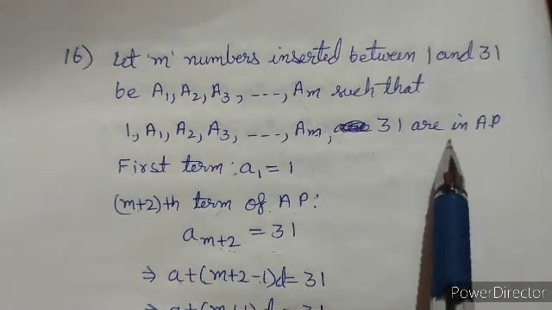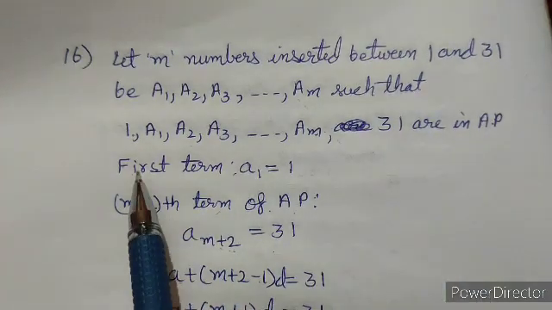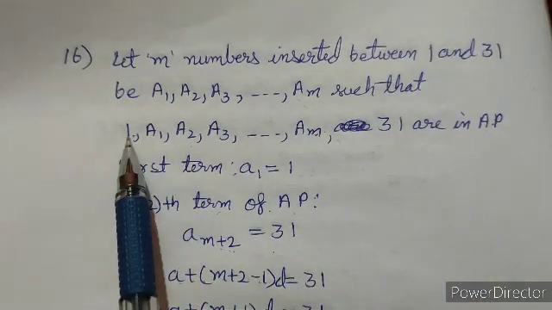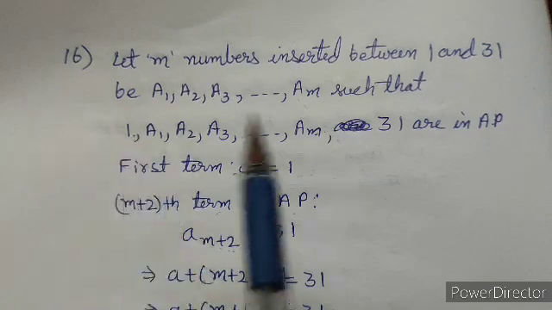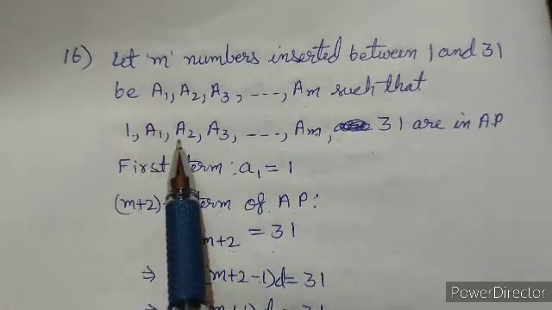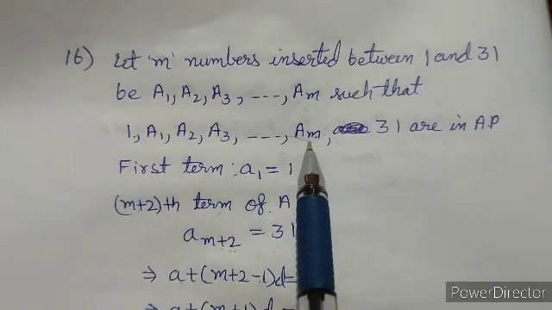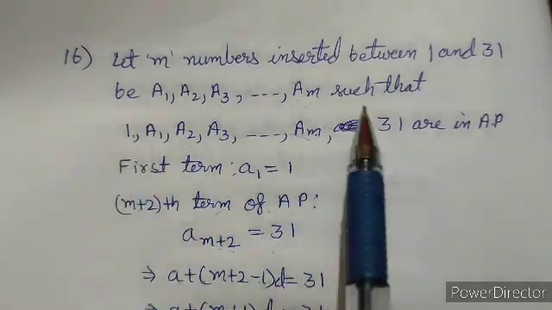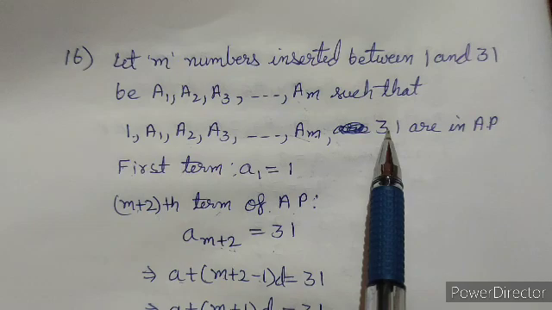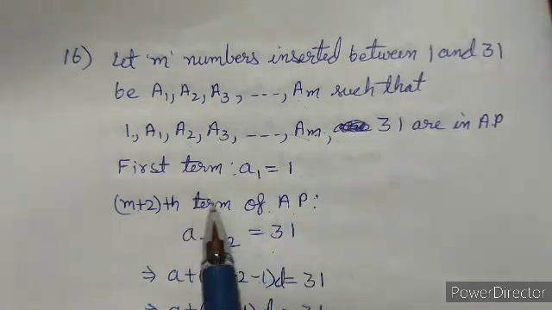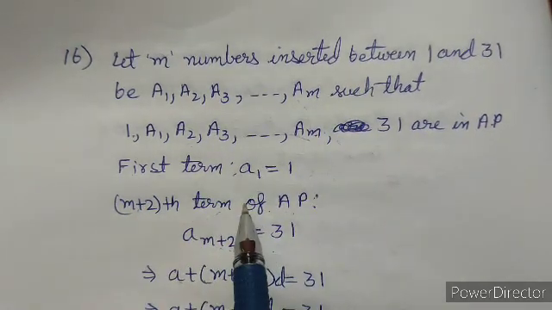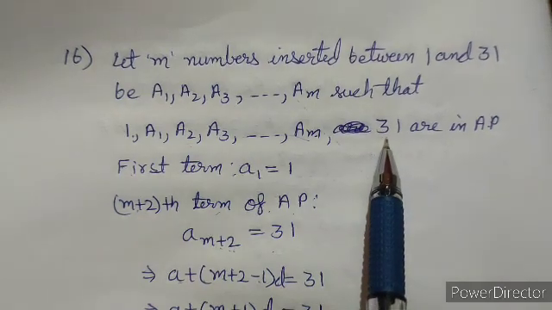31 are in AP. Now here the first term a is 1 and the last term is the m plus 2th term. Now m numbers are inserted between two terms 1 and 31. So total number of terms in AP will be m plus 2. So m plus 2th term of the AP is equal to 31.